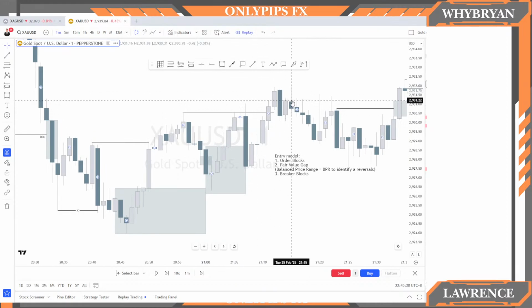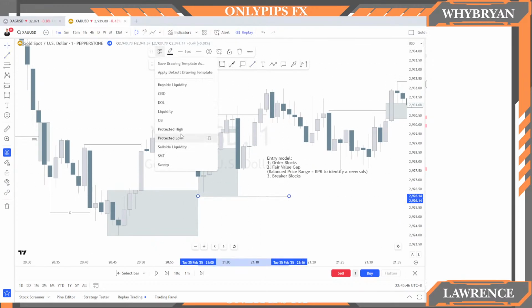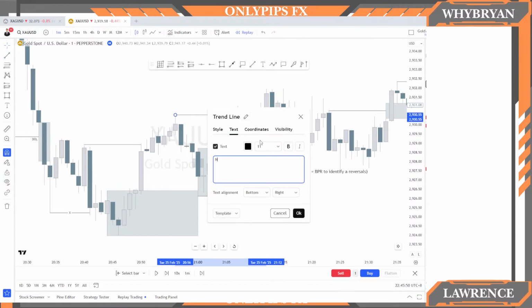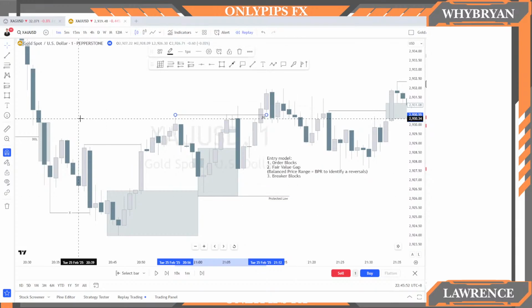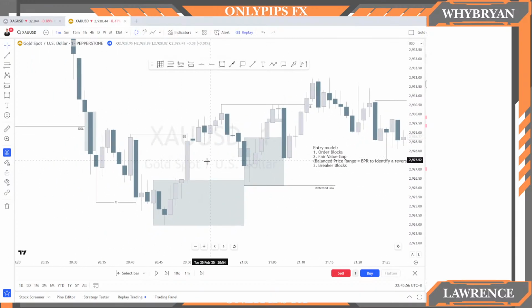And here is an expansion off instead of coming back. But no matter what, a range of protected low will be the protected low as always. So this will be the BB.